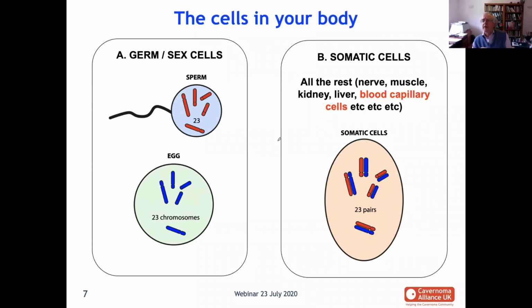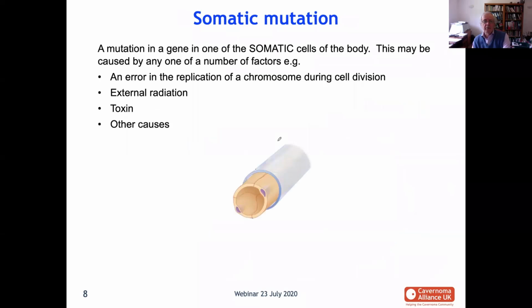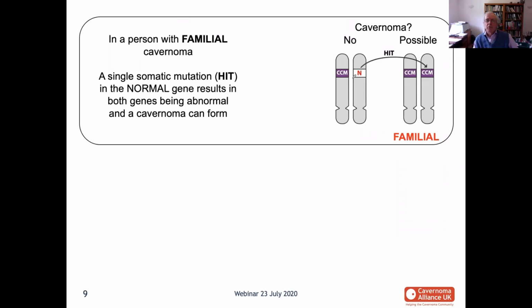And that person will then have the normal and abnormal form of the gene. So that will be a familial form of inheritance. I'm not making myself clear. Ask more questions, Pat or somebody.